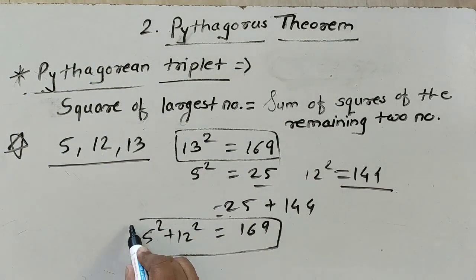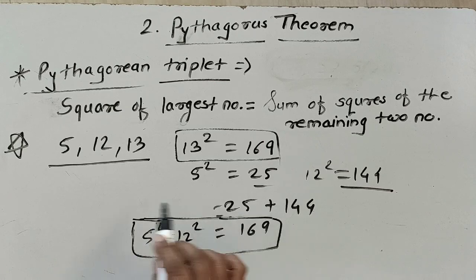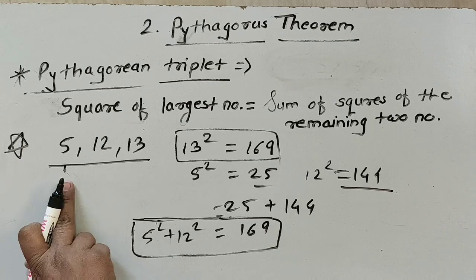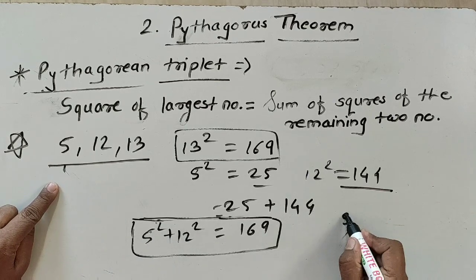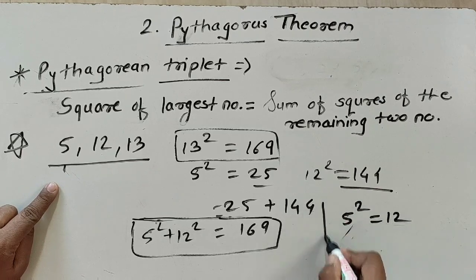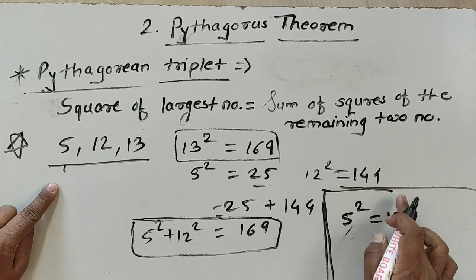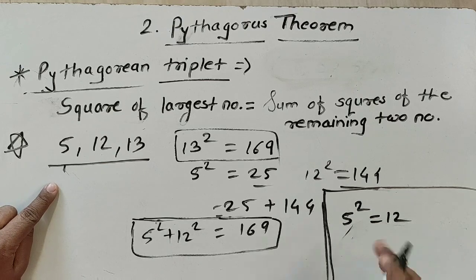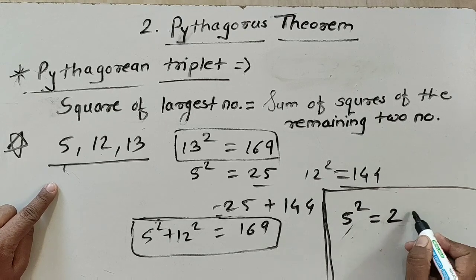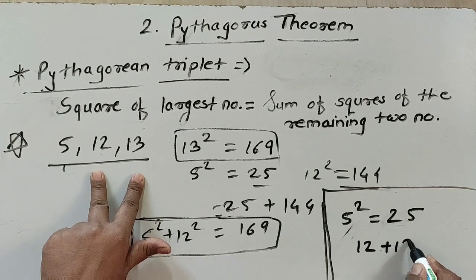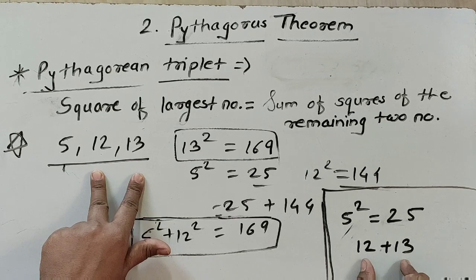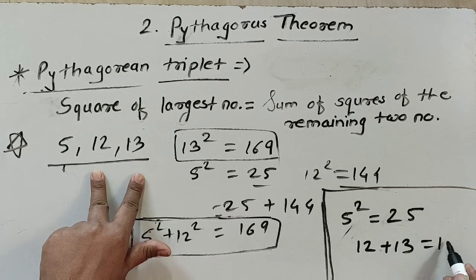And one more thing: if the smallest number is odd, and the odd number's square, that is 5 square, is equal to 25, and the remaining two numbers, 12 and 13, are adjacent numbers, and their sum is 25.